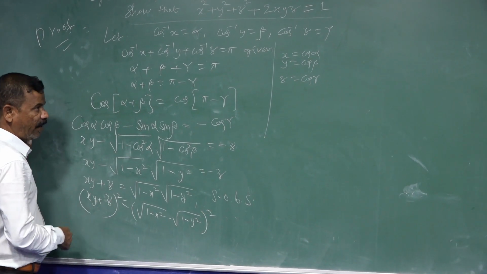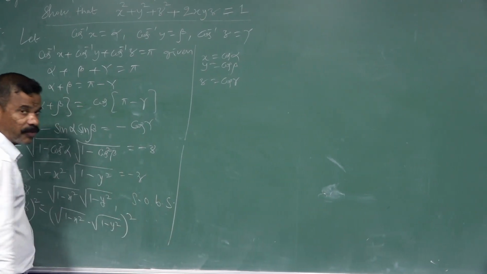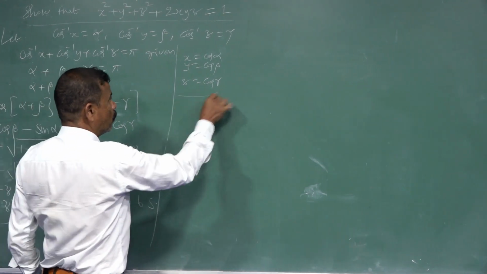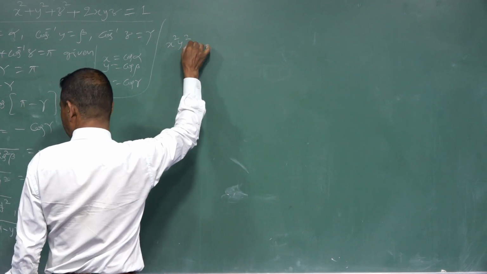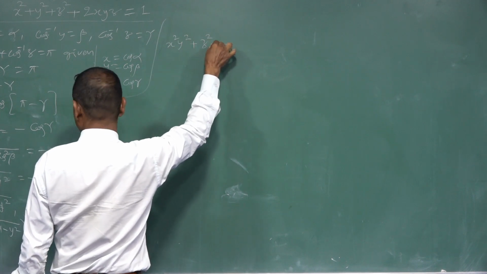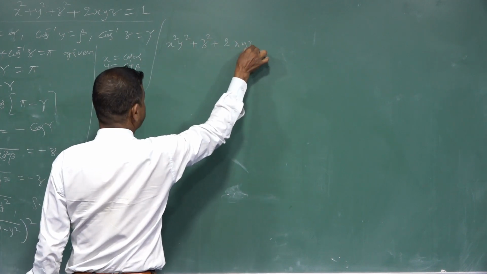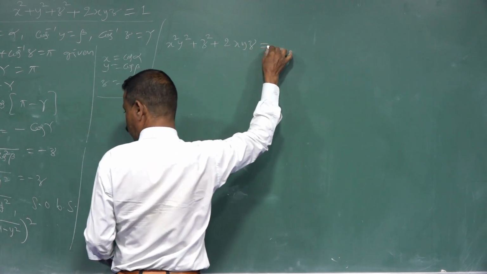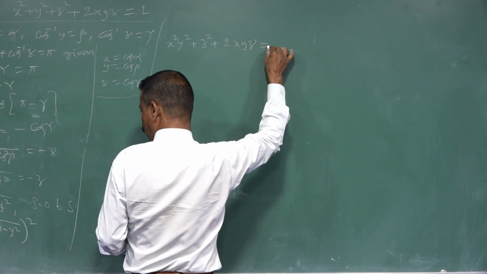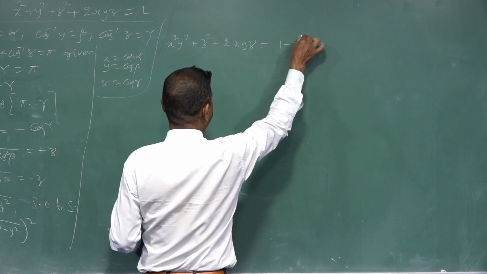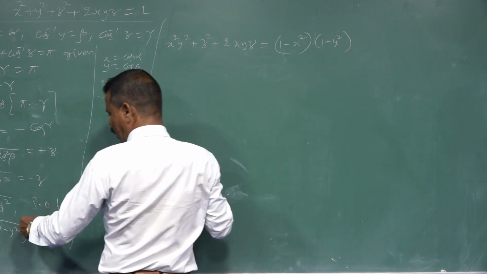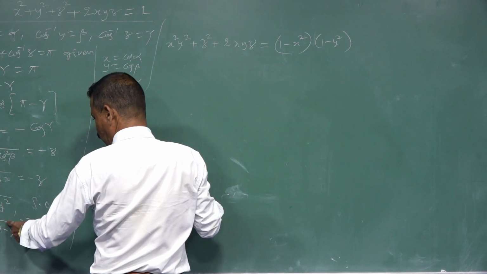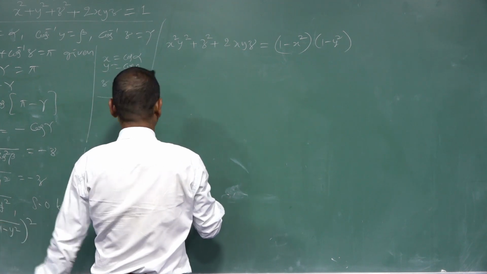After this, square and expansion: x square y square plus z square plus 2xyz is equal to 1 minus x square into 1 minus y square. Here on squaring the root cancels, and then the product.